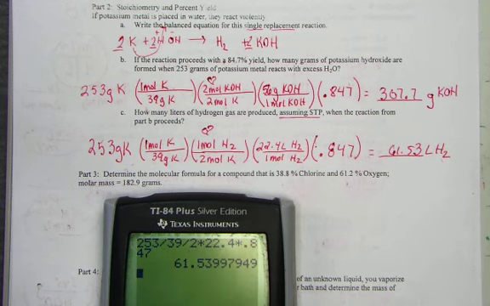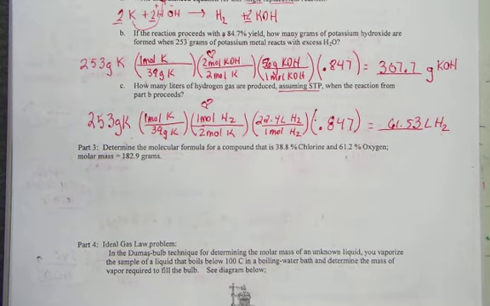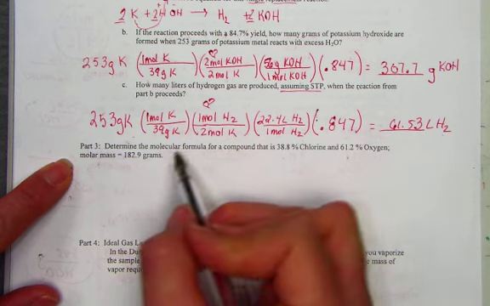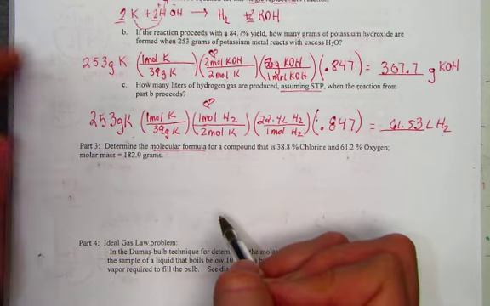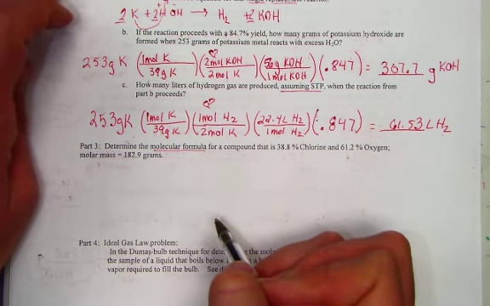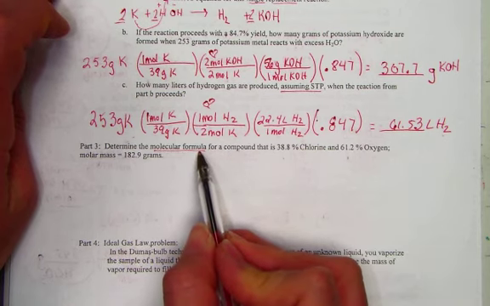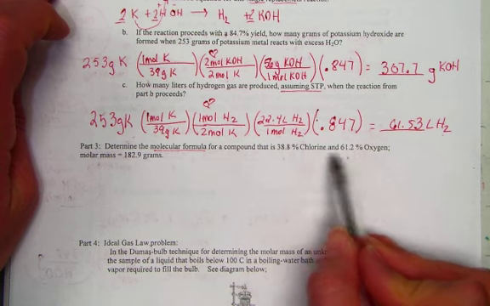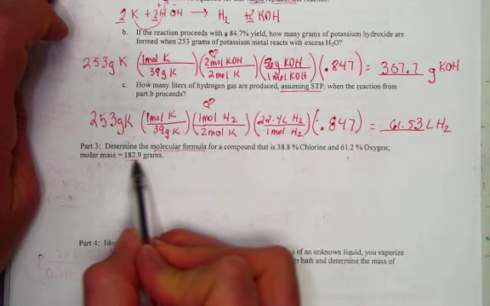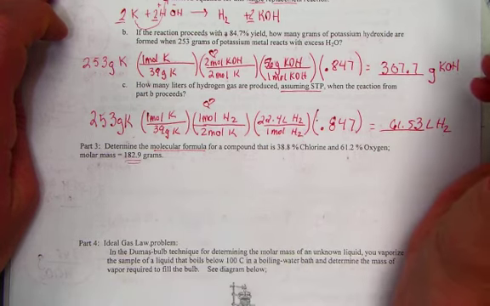All right. We'll keep going. We'll look at part 3. This takes us back to when we were learning about empirical and molecular formulas. A molecular formula is some ratio that when chlorine and oxygen combine gets me a target weight of 182.9 grams.